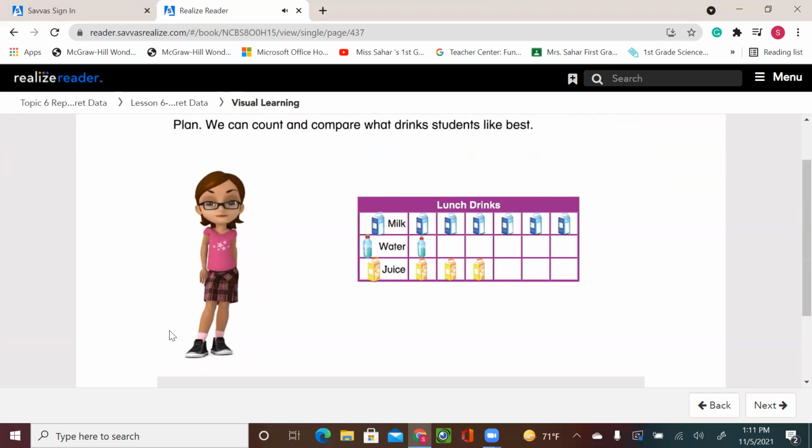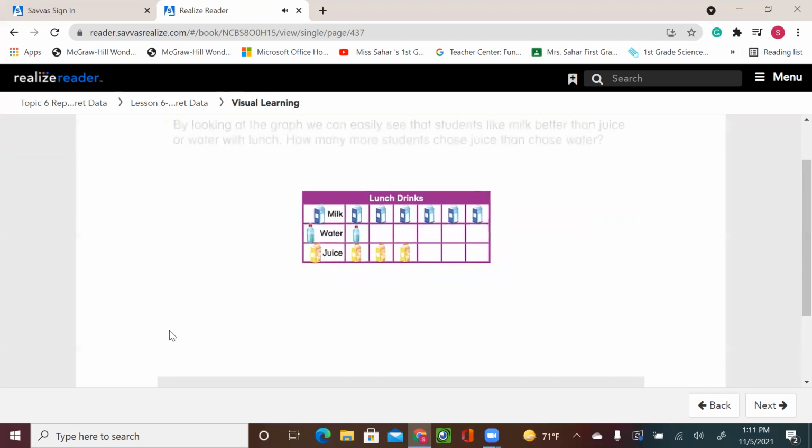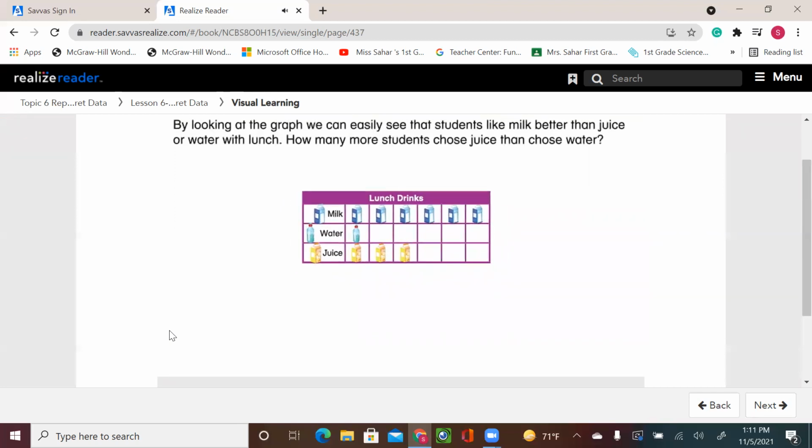Let's count. Solve, justify, and evaluate. 6 students like milk. 3 students like juice. Only 1 student likes water. By looking at the graph, we can easily see that students like milk better than juice or water with lunch. How many more students chose juice than chose water?